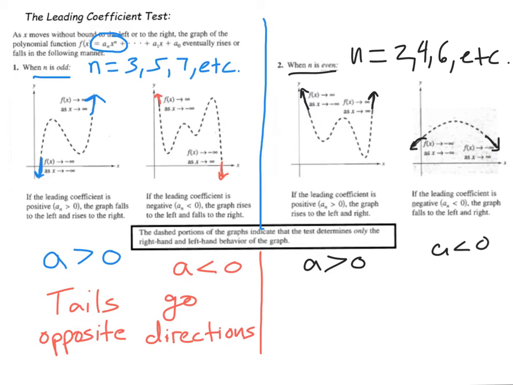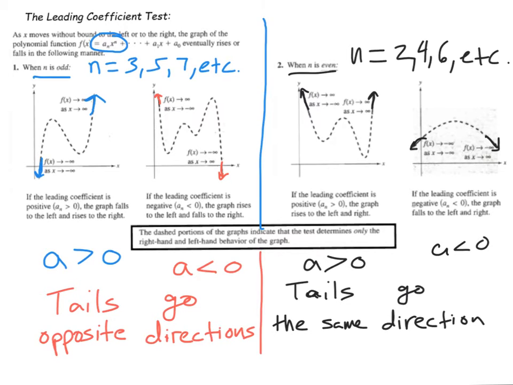So if we made the power higher, like 4 or 6, it would still hold true, okay? You can generalize this if you're talking even powers. The tails go in the same direction.